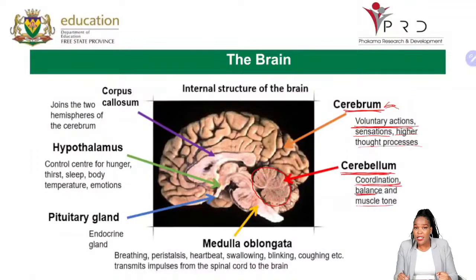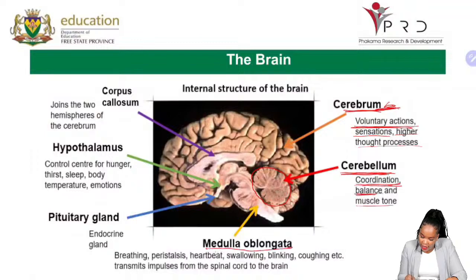I hope now you see the differences in these two parts. The cerebrum: voluntary actions, sensations, higher thought processes. The cerebellum: coordination, balance, and muscle tone. Then you come to the medulla oblongata.